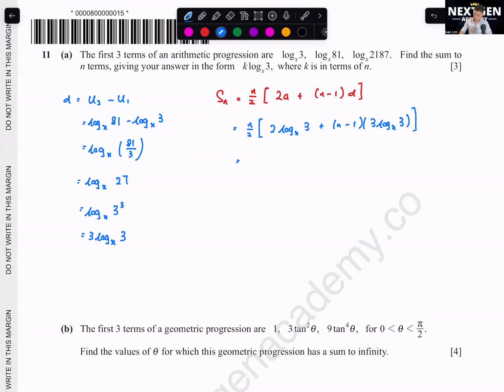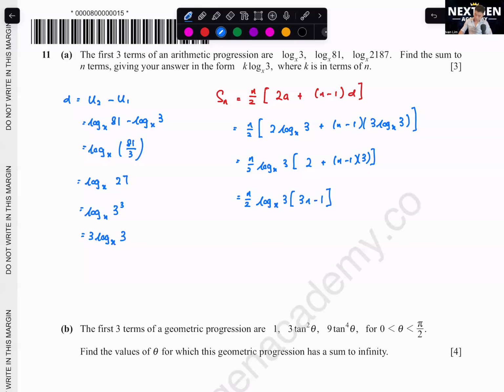Can we simplify inside? We factorize out the log x 3 first: n over 2 log x 3, and we are left with 2 plus (n minus 1) times 3. So 2 minus 3 will be minus 1, so this will be 3n minus 1.